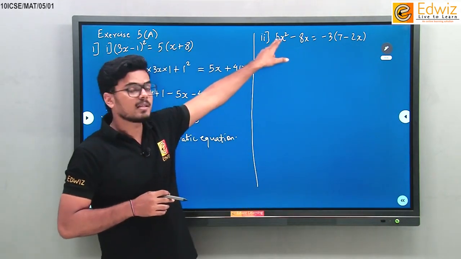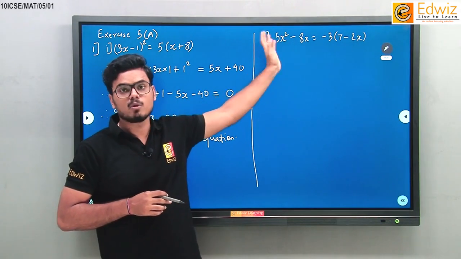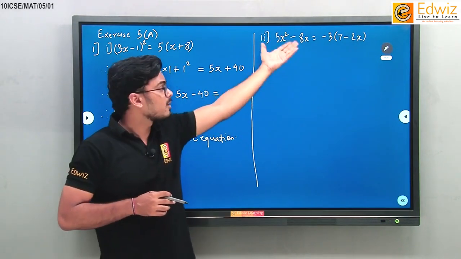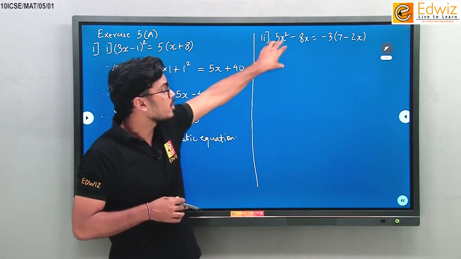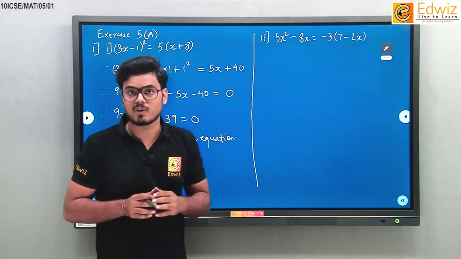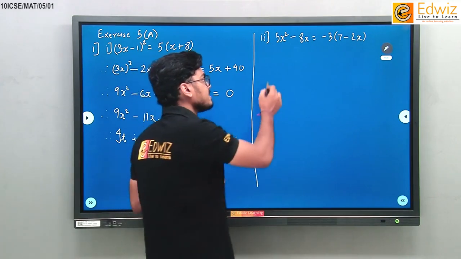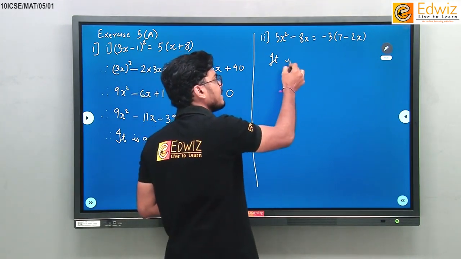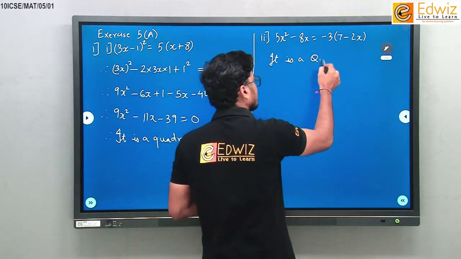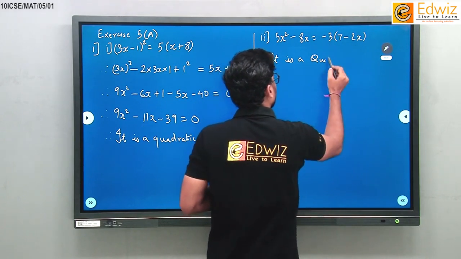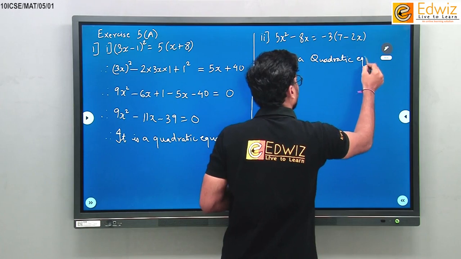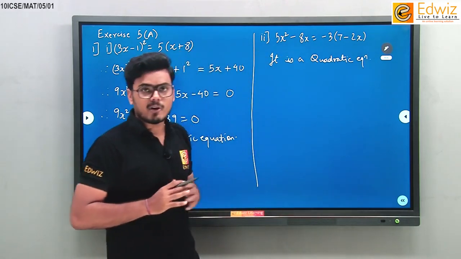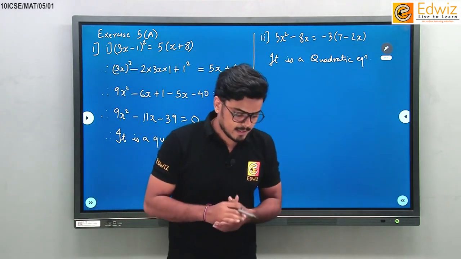Because there is no other term like 5x square, no other like terms. It will not get eliminated or cancelled out. That's why this is going to stay the highest power of the equation. So it is a quadratic equation. You can say that directly.